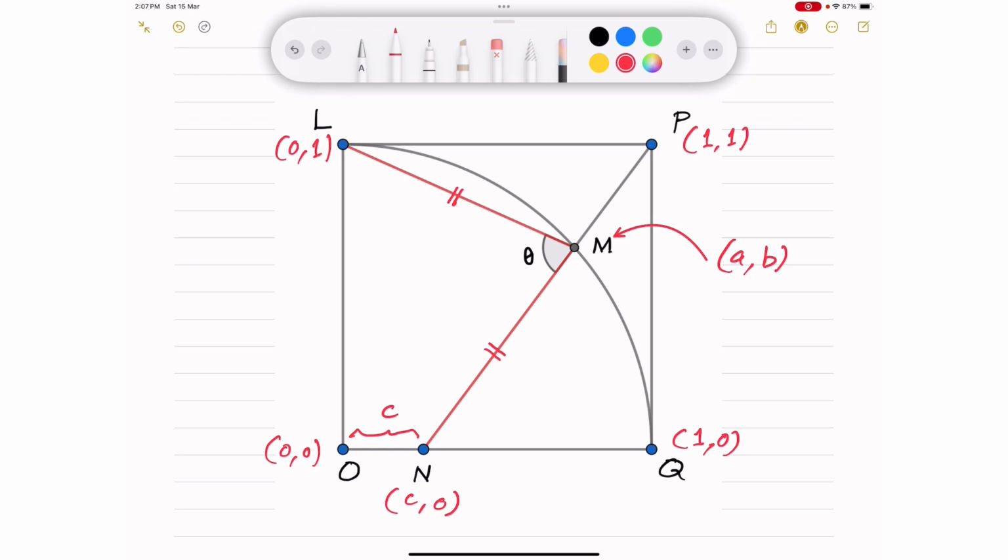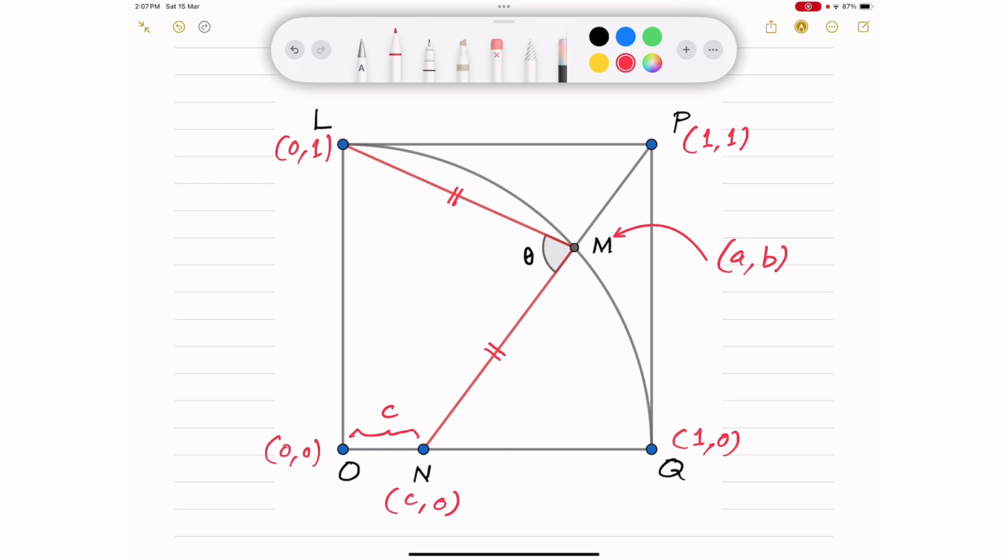The idea is to come up with a system of three equations, enough to solve for A, B, and C. Once we know them, we can know everything. I'll leave the angle theta to the end, right after we solve for A, B, and C.